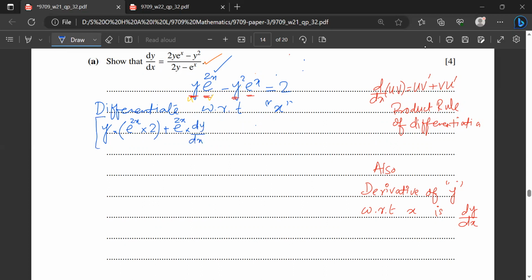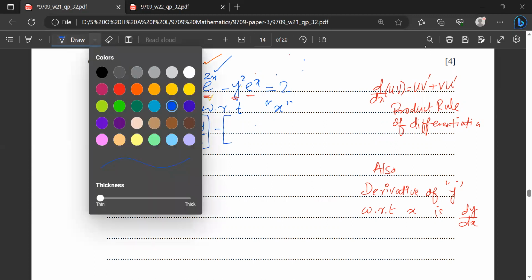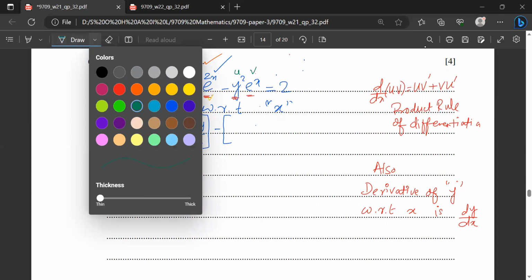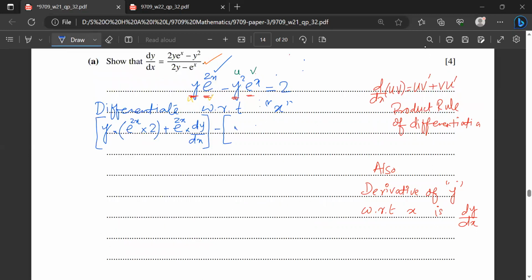This is the differentiation of the first term. Minus bracket. Again, there is a product uv. We keep the first function as it is, y square as it is. The derivative of e power x is e power x, plus, now it is vu dash, e power x as it is, and the derivative of y square.